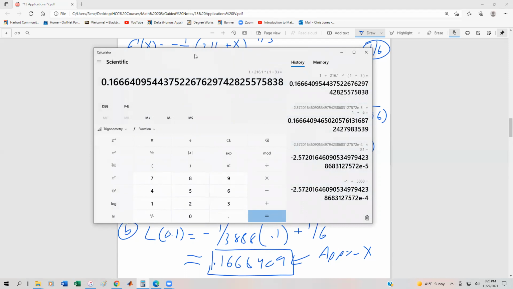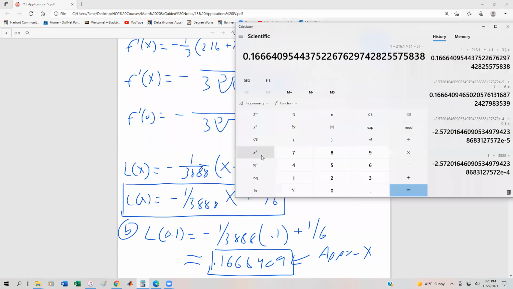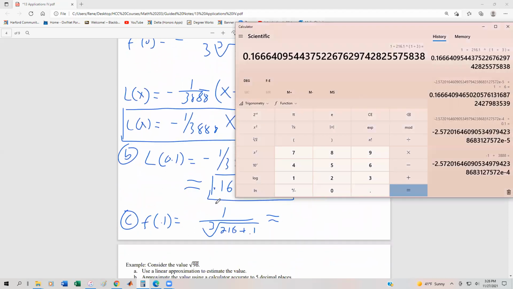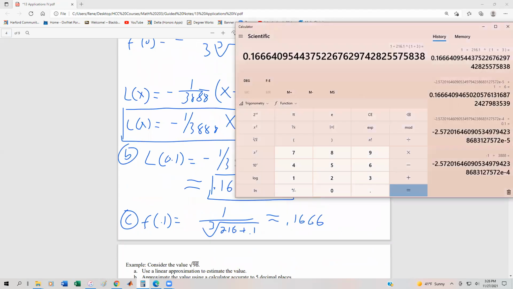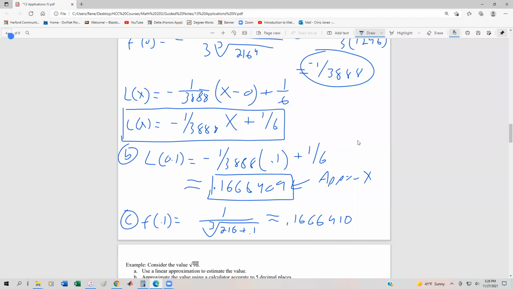So that's actually really close. So the approximate value is going to be 0.1666 and it said 6410, so we'll just use this as the exact value. And as you can see, the percent error is going to be really, really small between these two.